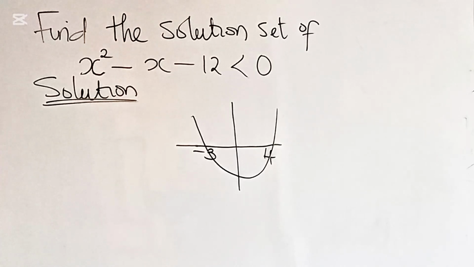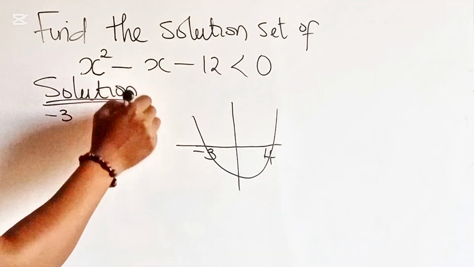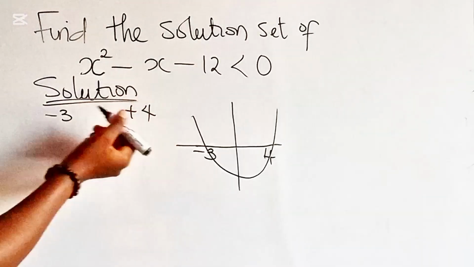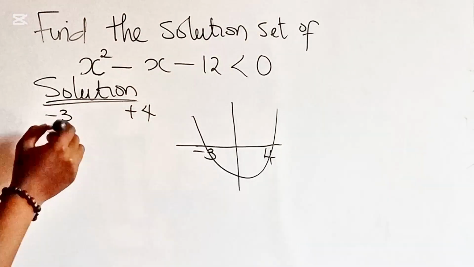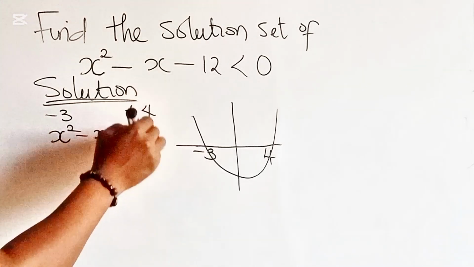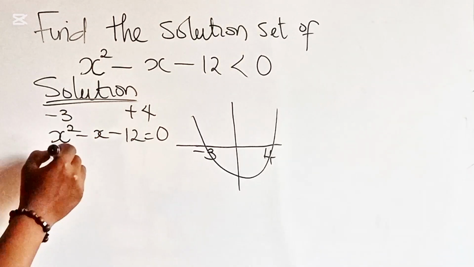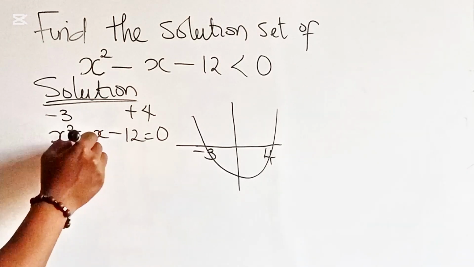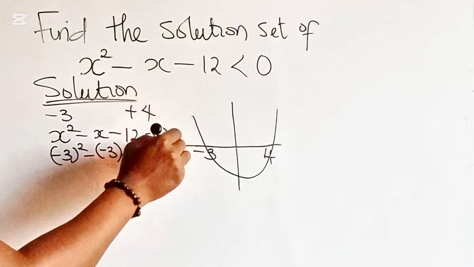So we found our critical values to be minus 3 and plus 4, right? Let's plug it into the original equation. I want to show you something from here. So our equation was x squared minus x minus 12 is equal to 0, right? So if we plug in minus 3, we have minus 3 squared minus minus 3 minus 12 is equal to 0.